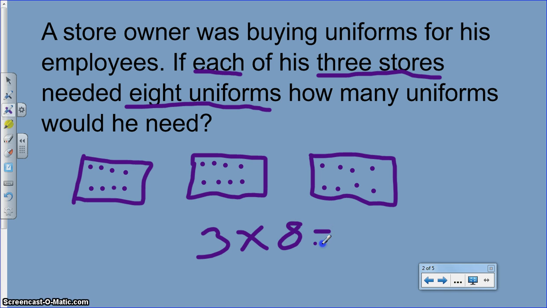It's going to equal 24. So that store owner would need to purchase 24 uniforms in order to fill each of his 3 stores with 8 uniforms each. So again, this word problem doesn't say equal groups or equal rows in it, but you can see how the stores represent those equal groups, and they have 8 uniforms in each store.